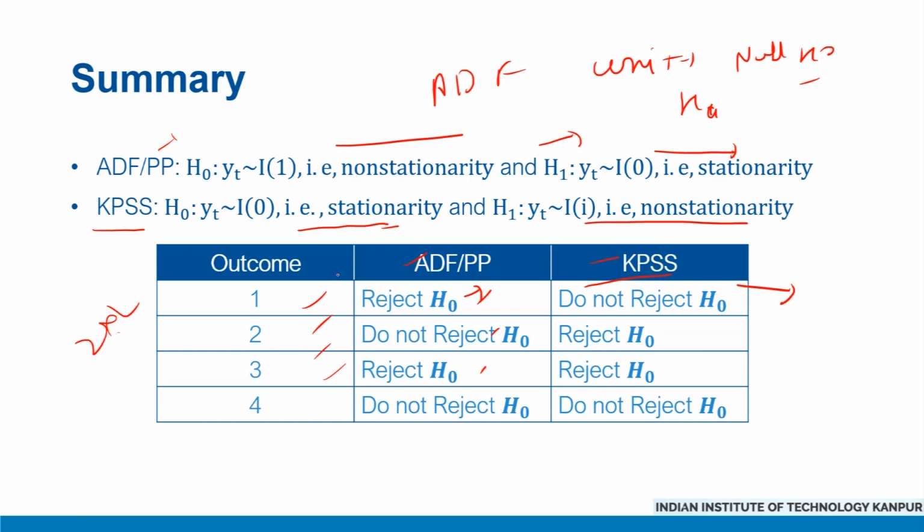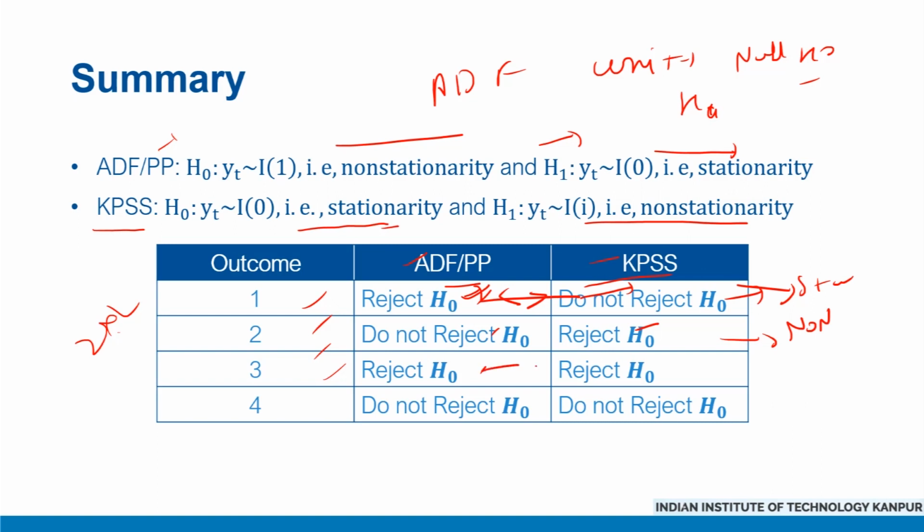The approach here is called confirmatory analysis, where you look for evidence which is consistent with each other. For example, rejection of H0 in ADF-PP and not rejection of H0 in KPSS, both these outcomes are consistent with each other. Similarly, do not reject H0 for ADF-PP and reject H0 for KPSS are consistent with each other, because they both tell you the same thing, to take the process as non-stationary, while the upper one will take the process as stationary.